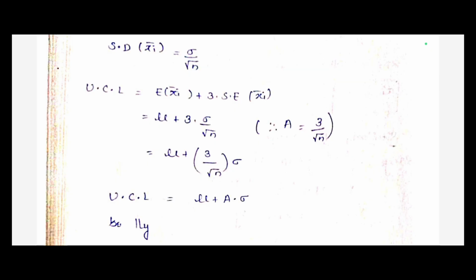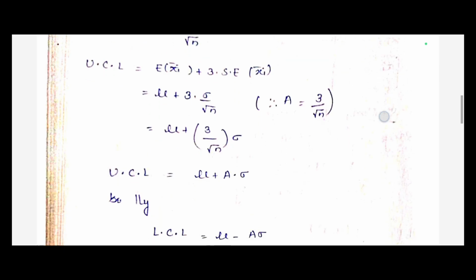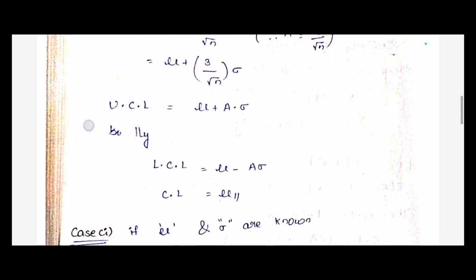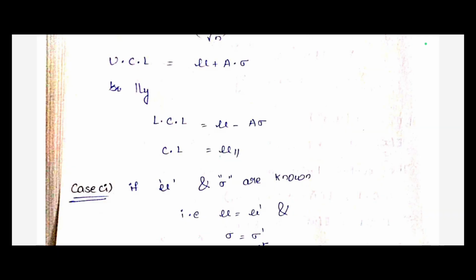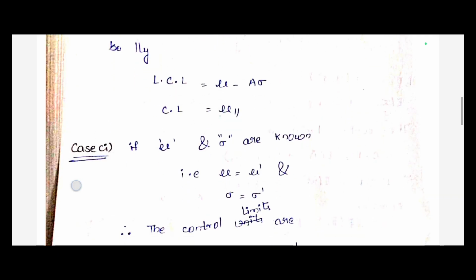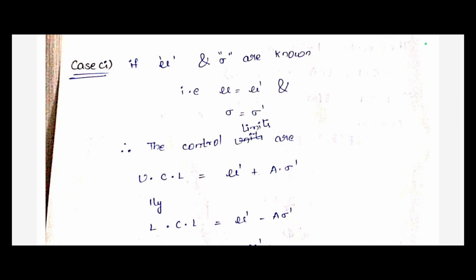Let the constant 3 divided by root n be A. So UCL becomes mu plus A sigma, and similarly LCL becomes mu minus A sigma. CL becomes mu.